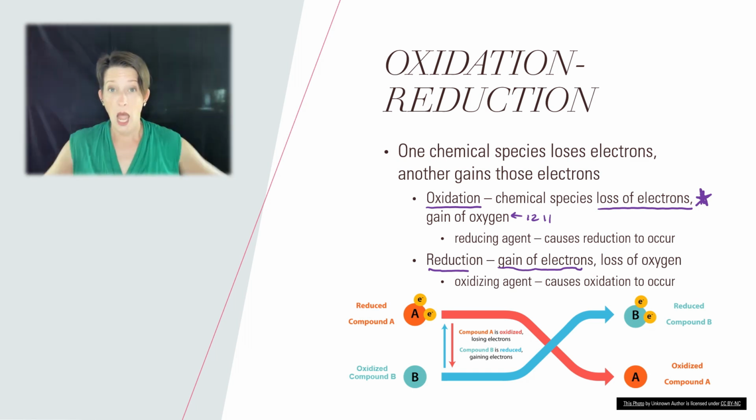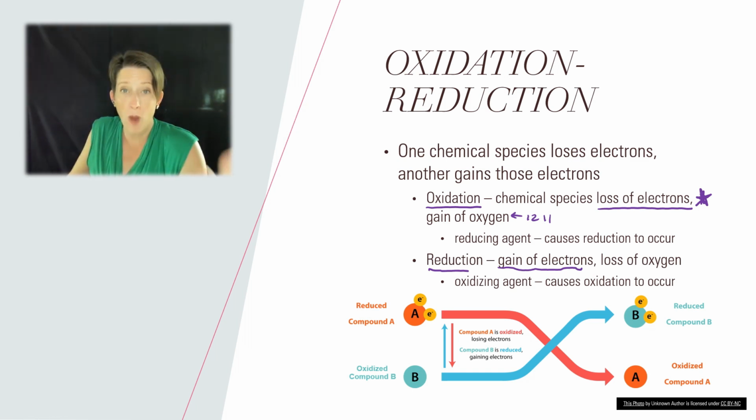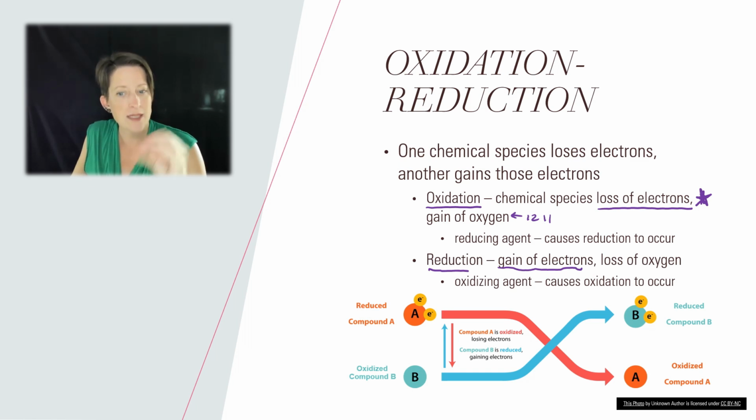So it's like, I need reduction to happen, so I'm going to be the agent that causes that. But for reduction to happen, I've got to be oxidized. And then the oxidizing agent says, hey, I want to gain those electrons. I want to be reduced. So I'm going to cause oxidation to occur. Hence, oxidizing agent. They work together.